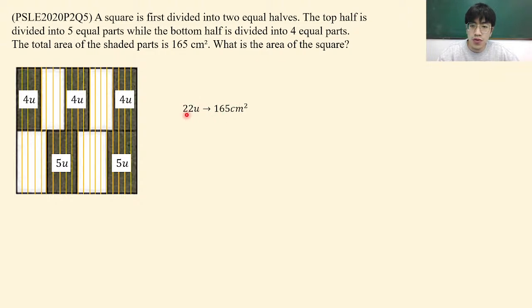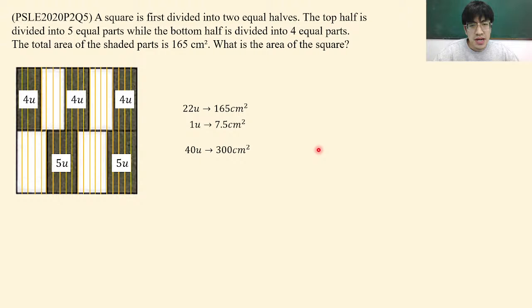So we know 22 units correspond to 165 centimeters squared. So we can find that 1 unit is just 7.5 centimeters squared. So what is the area of the square? We see that we have a total of 40 units over here. So we simply take 40 multiplied by 7.5 to get 300 centimeters squared. Now that solves the problem.